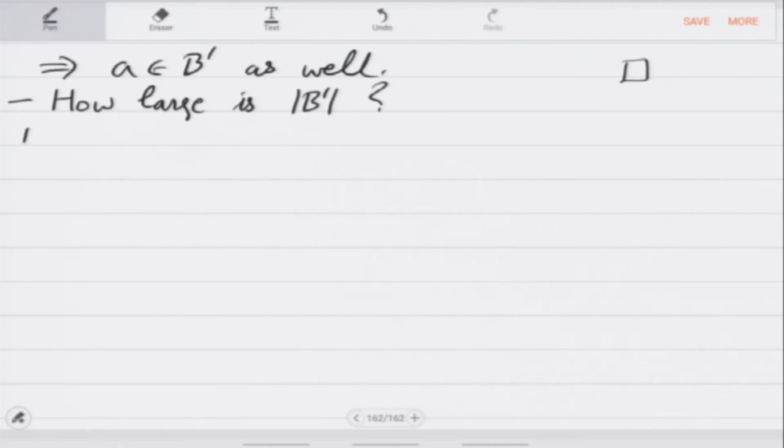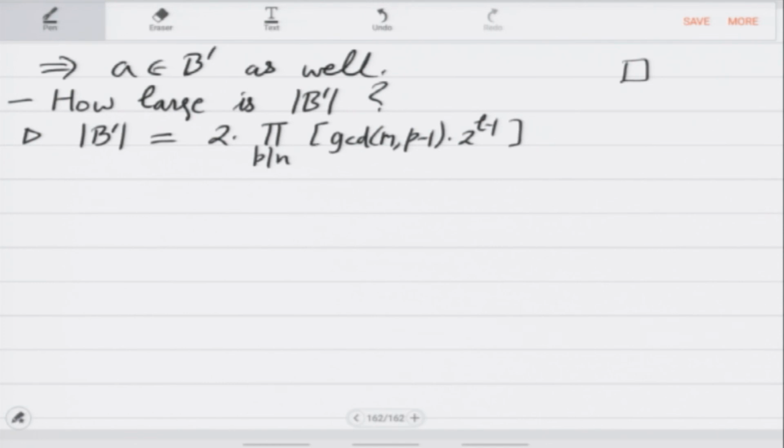Okay, so we will show that, first we will prove a structural property, that the size of B prime is 2 times the product over all the primes dividing n of this. Basically we are multiplying over the primes p dividing n.